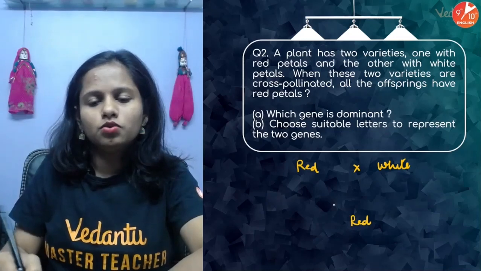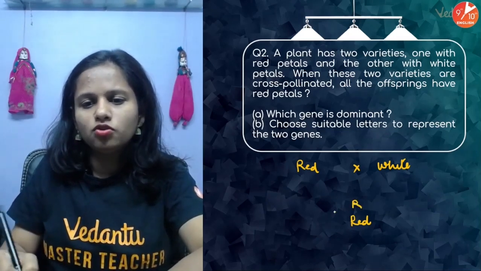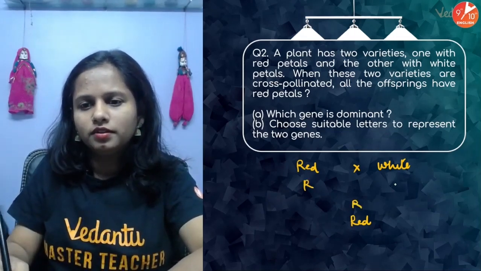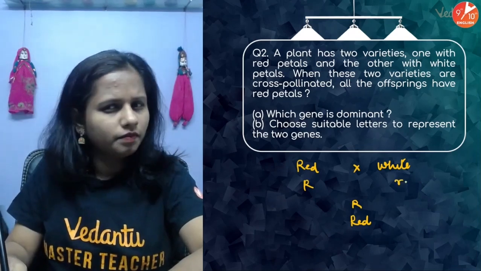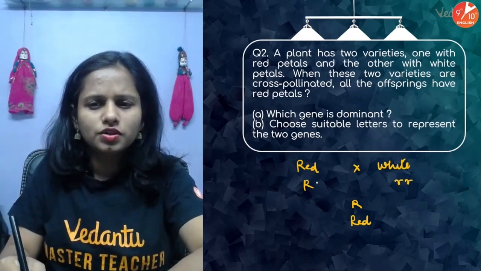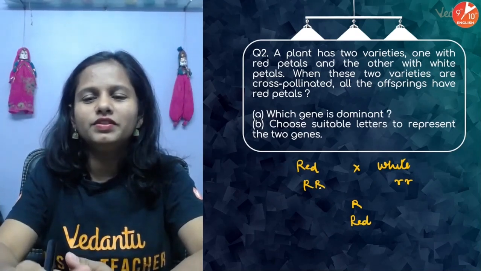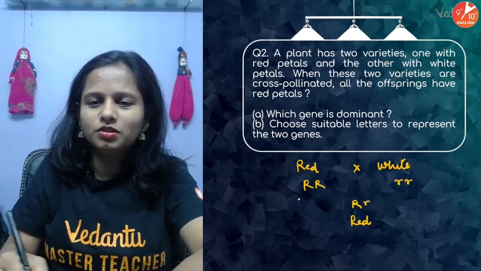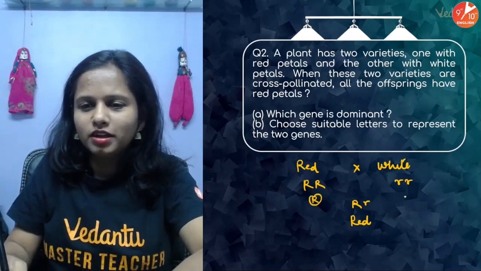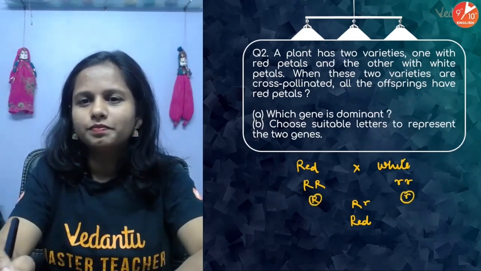Why red? Because red is dominant. So it should be this way. All the individuals are red, so the gametes will be capital R and small r respectively.